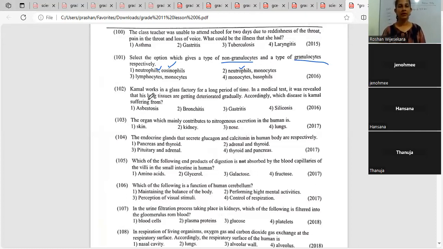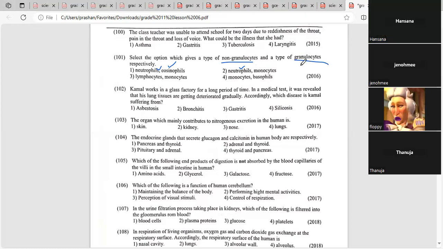Therefore, it is not correct. Lymphocyte and monocyte. Both are non-granulocyte. Monocyte and basophil. Monocytes are non-granulocyte and basophils are granulocyte. Therefore, that is the correct answer. Fourth one is the correct answer. Non-granulocyte, monocyte, basophil is granulocyte.